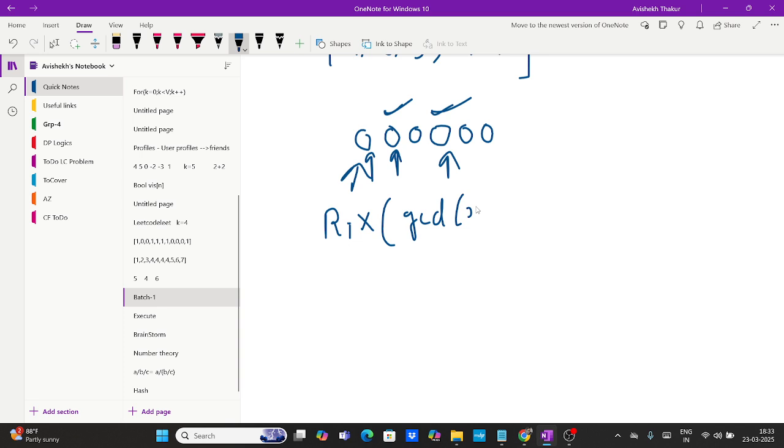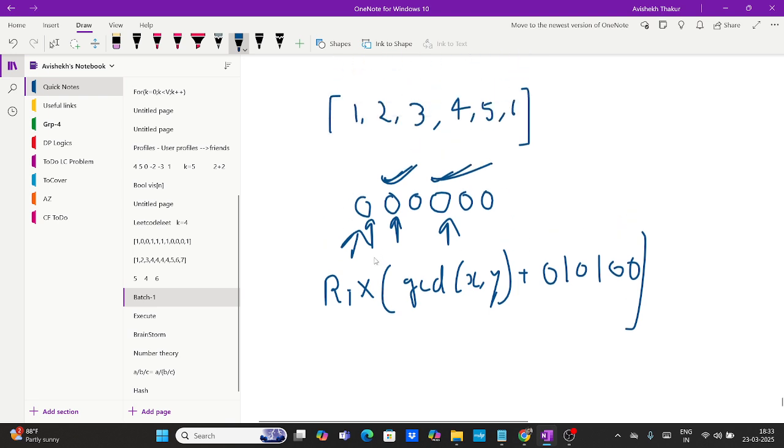And the mask will now become 0 1 0 1 0 0. That's it, because these two elements have been taken, and there is nothing more in this problem.